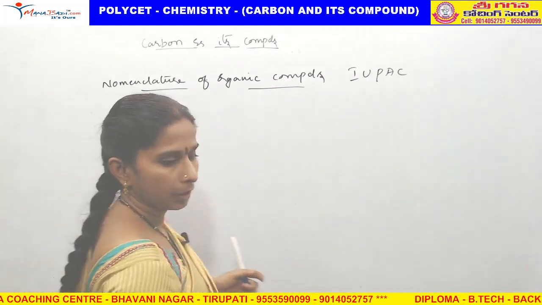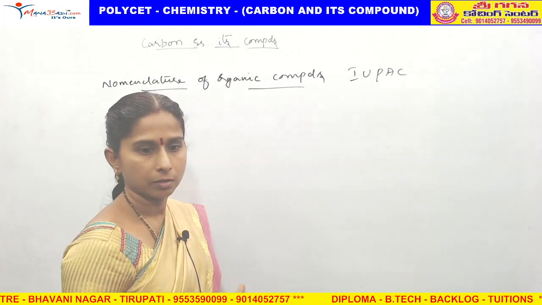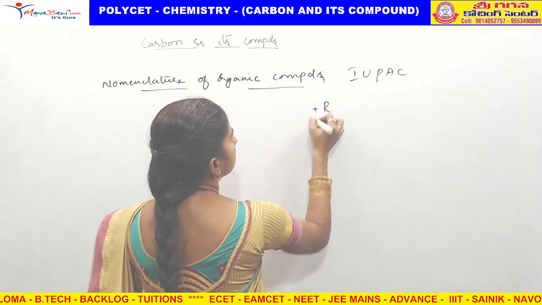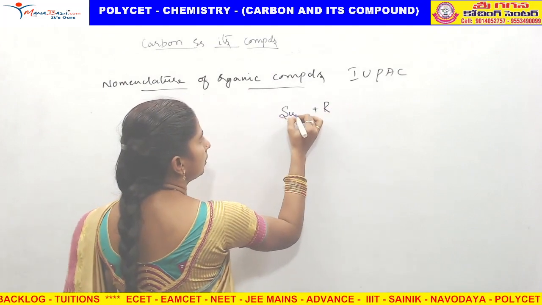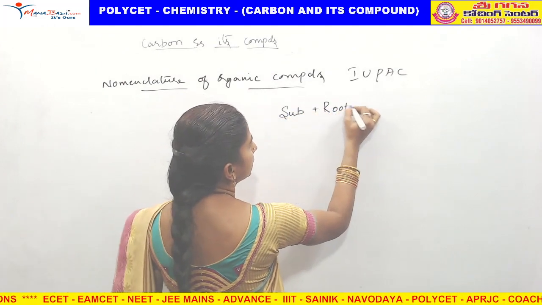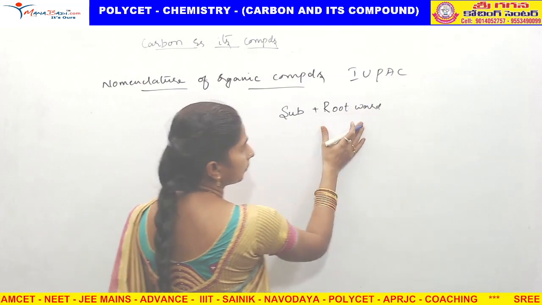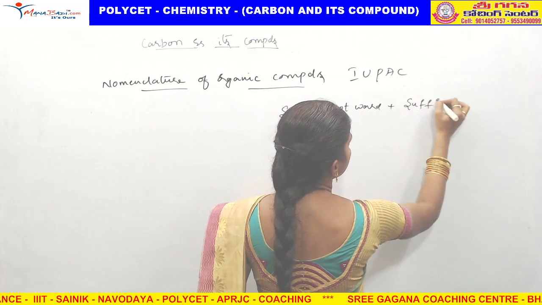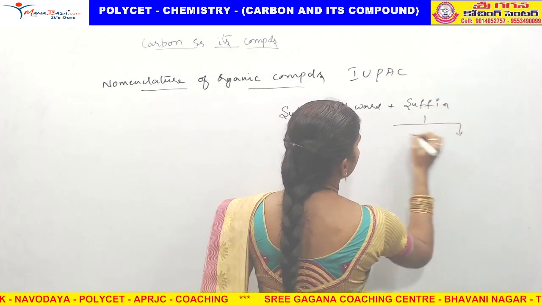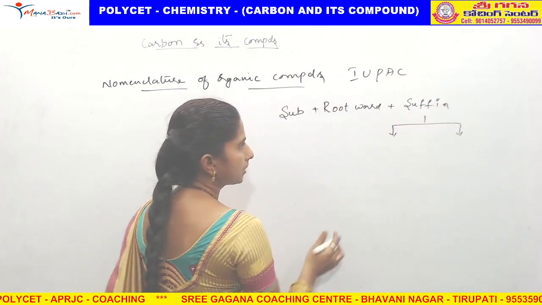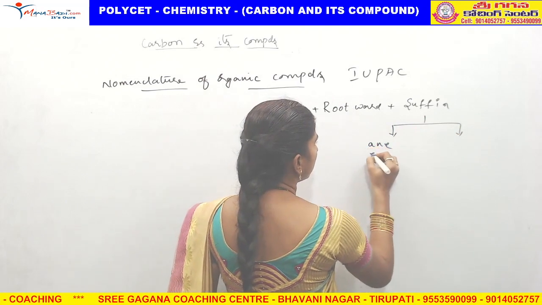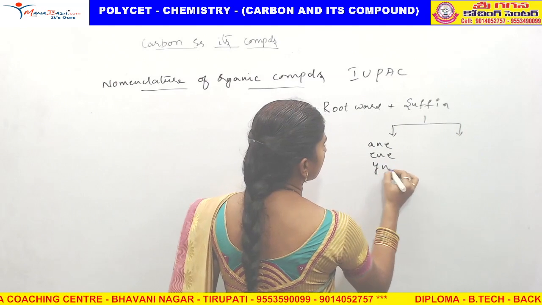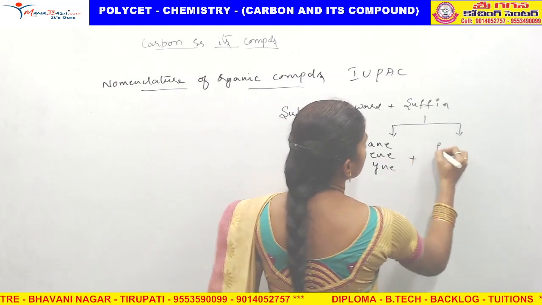What is the formula I gave? Substituent plus root word. Root word means the number of carbons plus suffix. Suffix means there are two here: one is based on ane, ene, yne, plus the functional group name.